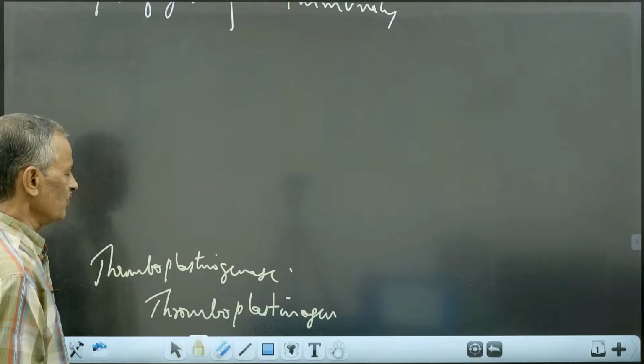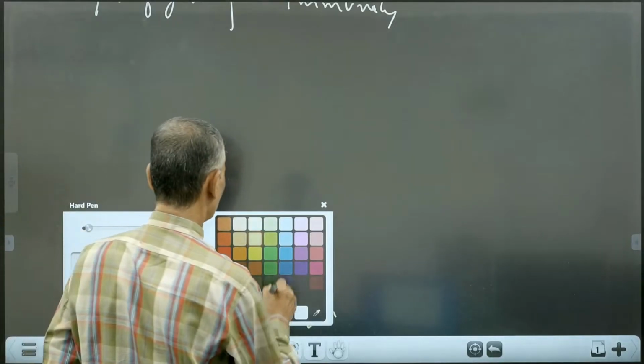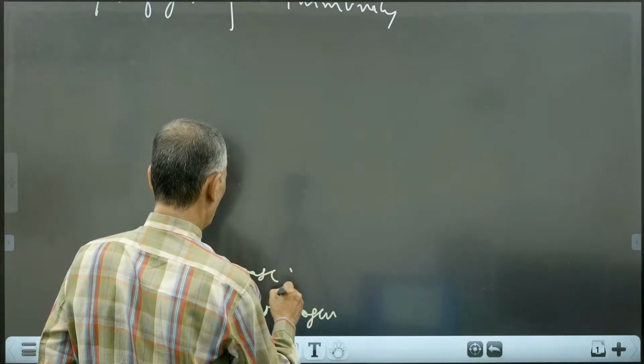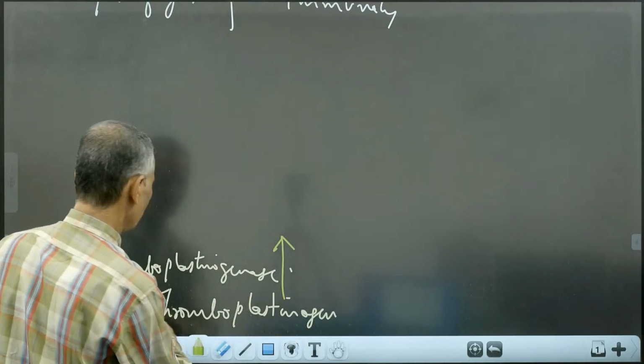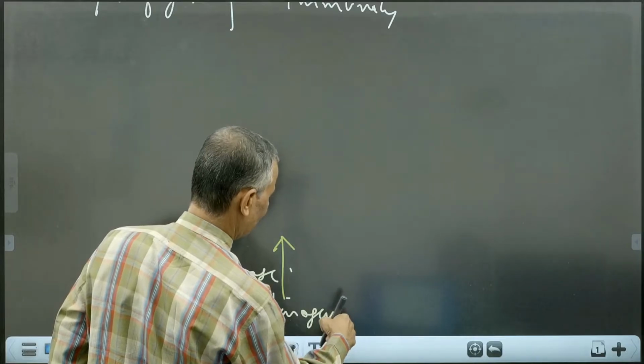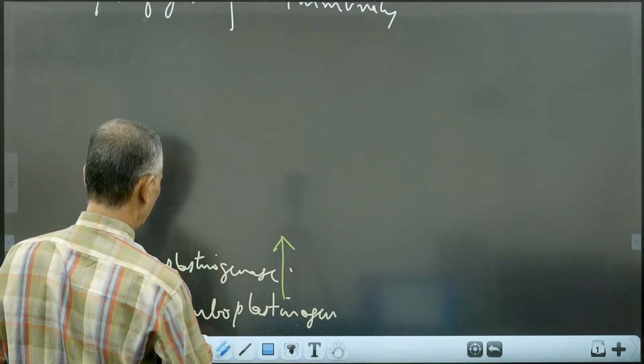This genase is an enzyme that will be acting on thromboplastinogen, converting it into active thromboplastin. See, this is thromboplastinogen, it is a gen, inactive. It will be converted into active thromboplastin.